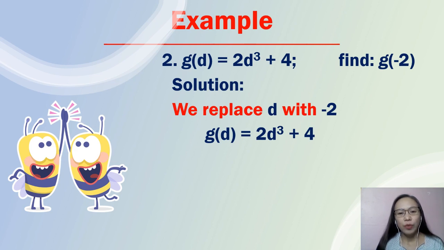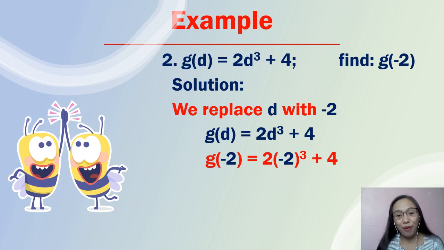And then next, we replace d with negative 2, or we substitute d with negative 2. So there you go. You have replaced the d with negative 2. So you have g of negative 2 equals 2 times negative 2 cubed plus 4. And now we try to simplify the right side.